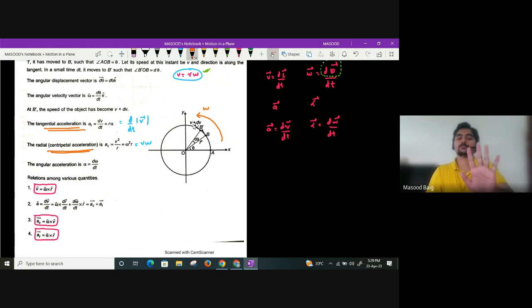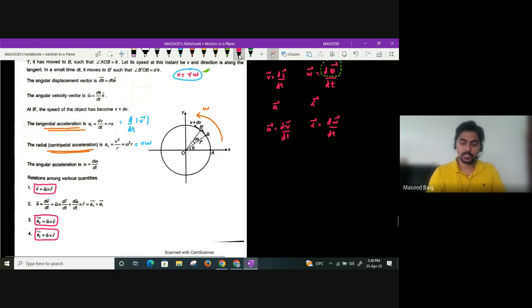If object is performing circular motion in xy plane, then angular velocity will be along z direction. And as you can see just now here, guys, angular velocity is given as d theta bar by dt. So d theta bar will also have same direction as that of angular velocity. Small angular displacement and angular velocity will be in a direction perpendicular to the plane in which object performs circular motion.